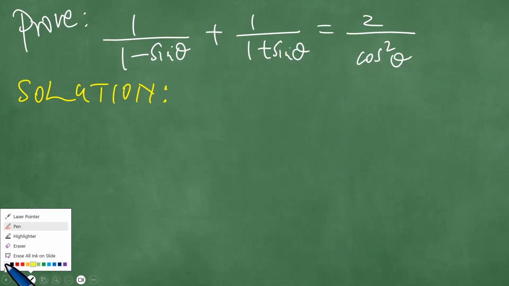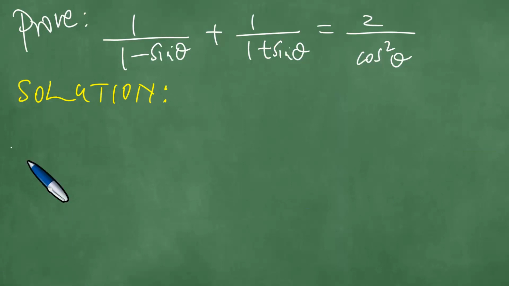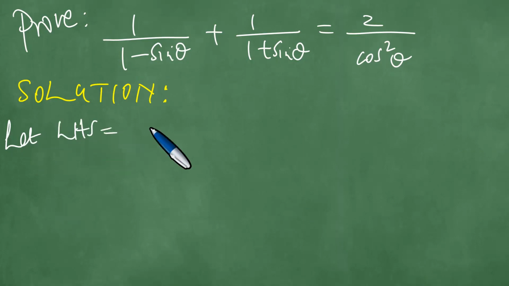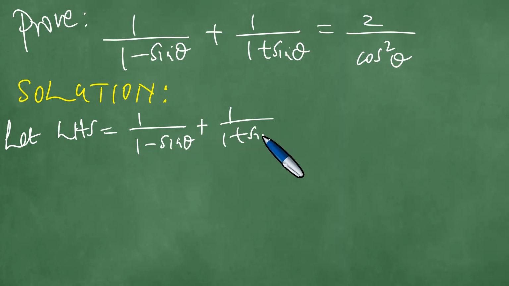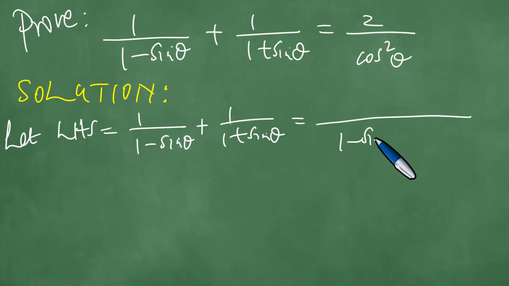Okay, to prove, you take a side. Take the left. So you have 1 over 1 minus sine theta.